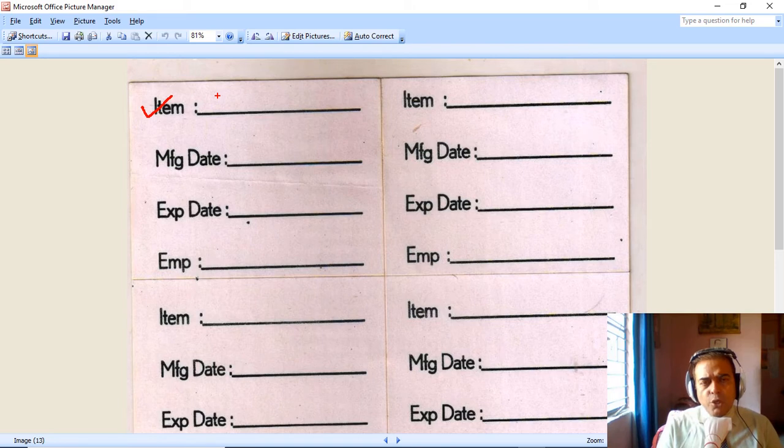As I was talking about items being perishable, non-perishable, semi-perishable, expiry date is important, students, and there is a concept called LIFO and FIFO, last in, first out, first in, first out. This sticker does not have a price here, though I believe that if price would have been included, then things would have been much more effective anyway.